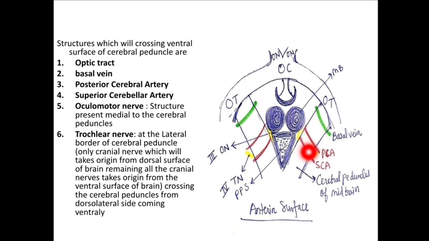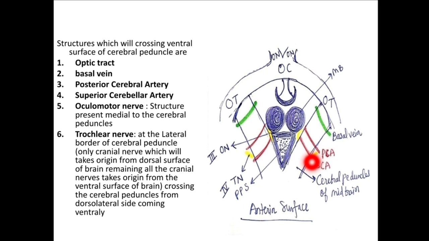Sixth structure is the trochlear nerve at the lateral border of the cerebral peduncle. The trochlear nerve is the only cranial nerve which takes origin from the dorsal surface of the brain; all the remaining cranial nerves take origin from the ventral surface.